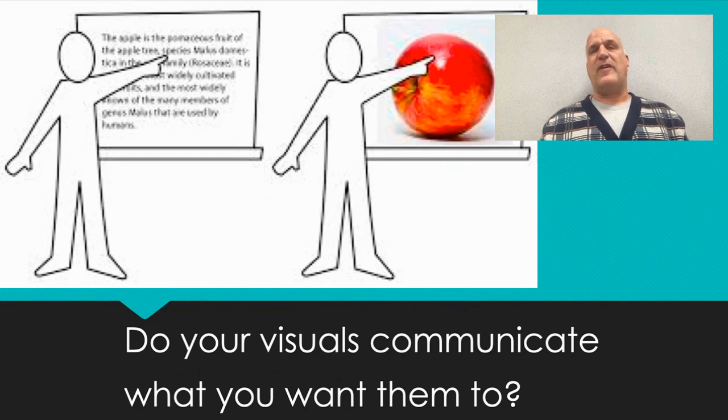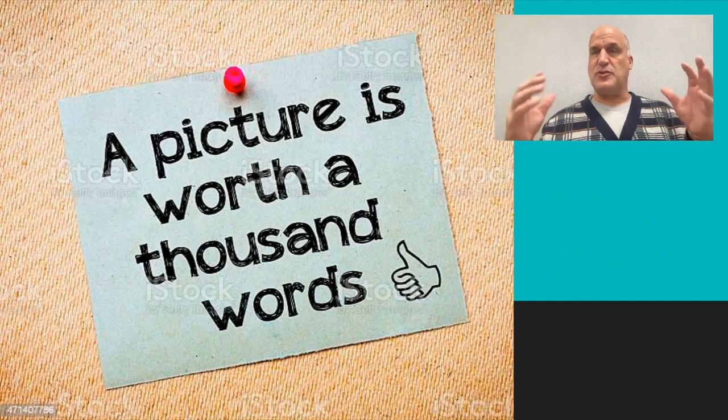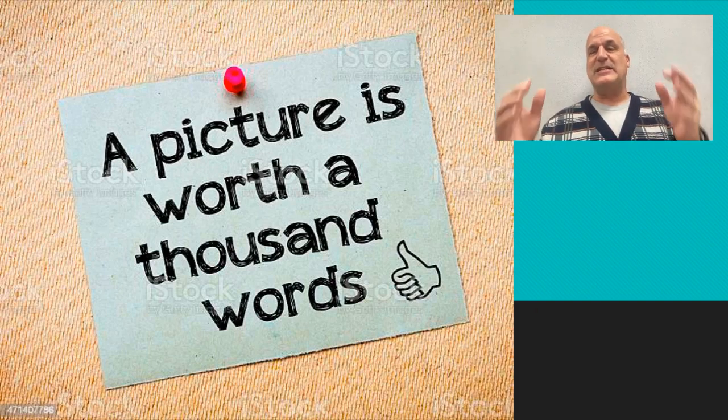And this is also about finding meaningful visuals, visuals that are going to communicate what you want them to. So they always say a picture is worth 1,000 words. And so the question becomes, are your visuals saying the words that you want them to? So if you're using a visual for a very specific purpose, you're trying to communicate something, is it indeed doing that?